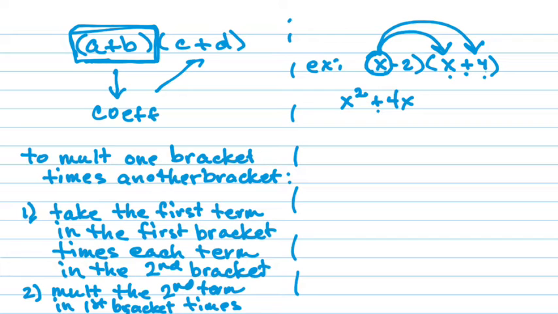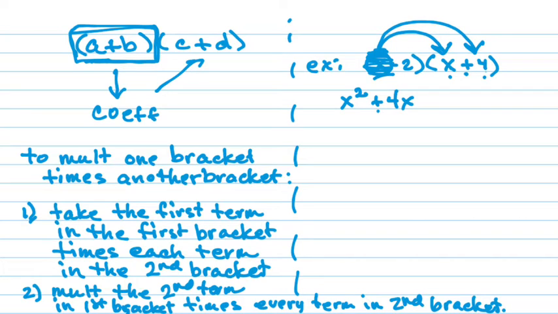Sorry, I'm getting messy, but I'm going to run out of room if I don't. All right? So in other words, once I've used the first term times everything, it's gone. We're done with it. We don't need it anymore.